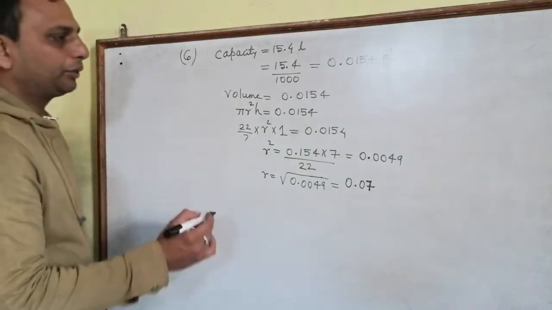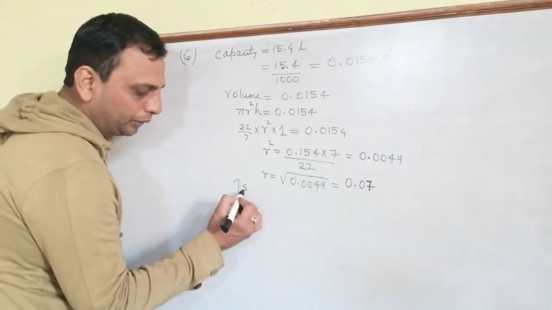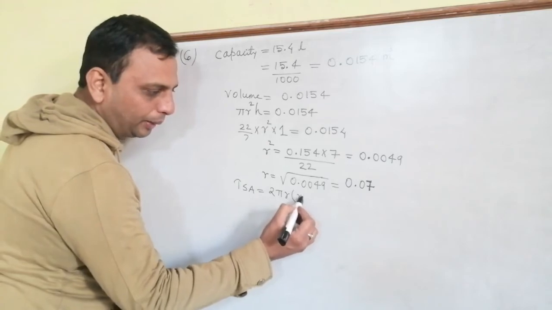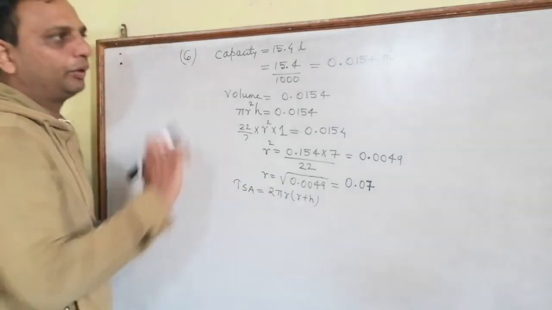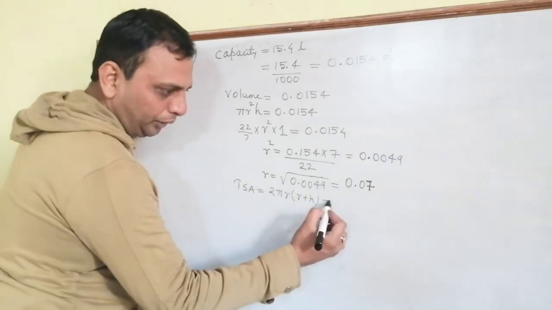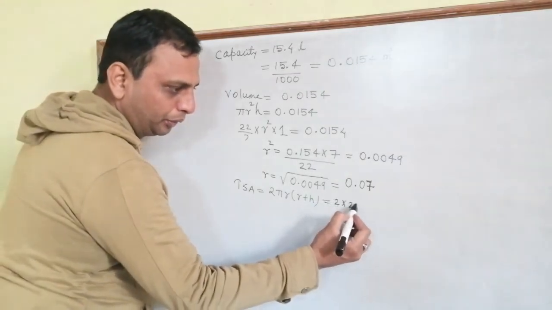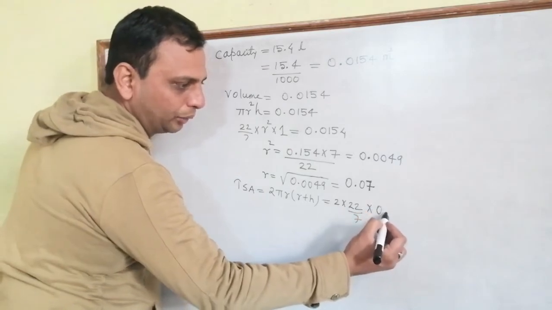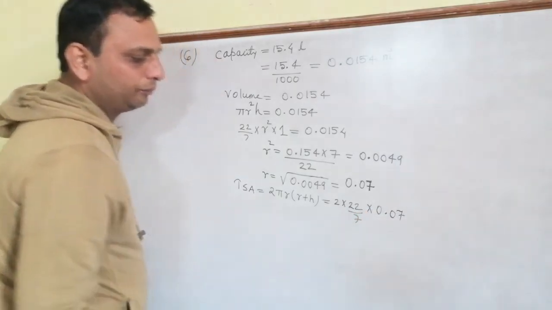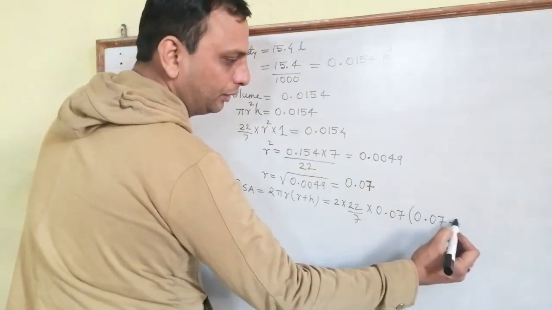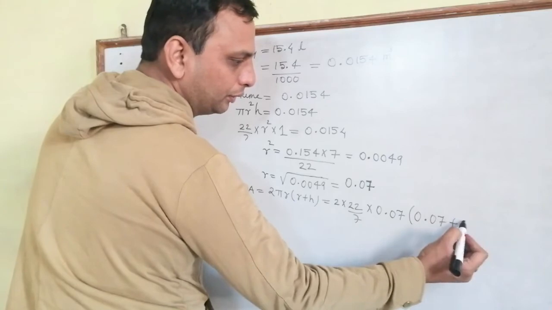So the total surface area of a cylinder is 2 pi r (r plus h). Now we have the height also, and the radius also. This will be equal to 2 into 22/7, R is 0.07, times (0.07 plus 1).